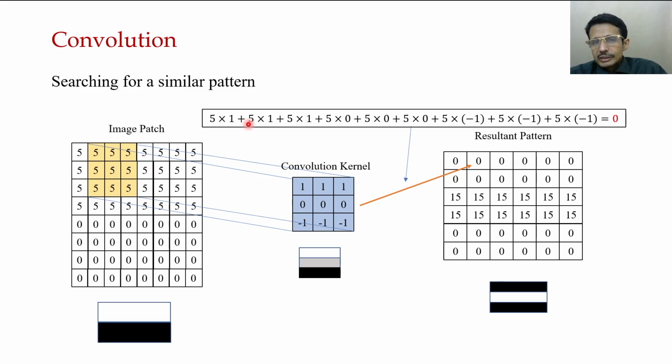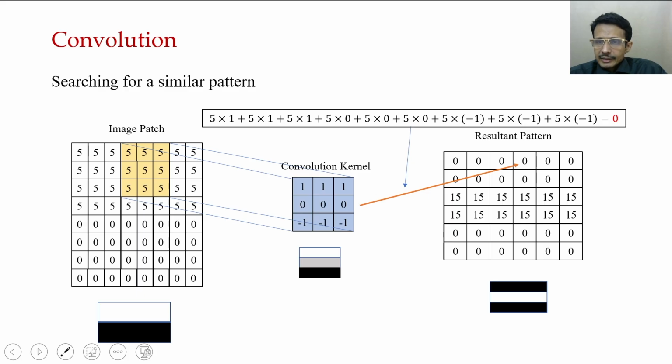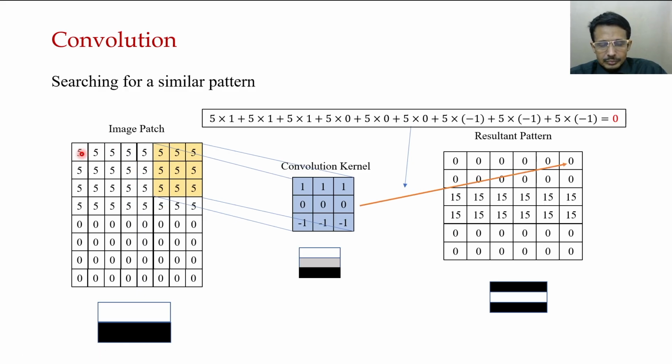Again we do the element-wise multiplication and add all these multiplications, and we get the value. Again it is a 0. If we keep on doing this, we get the first row of this resultant pattern.